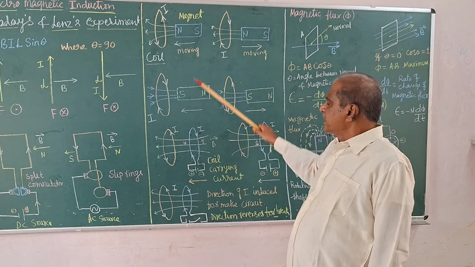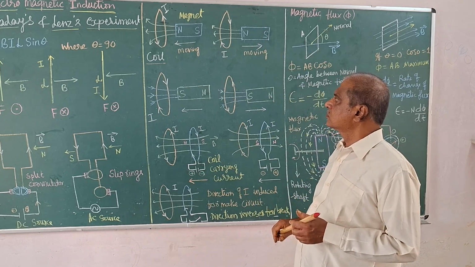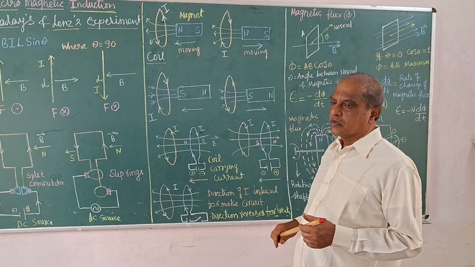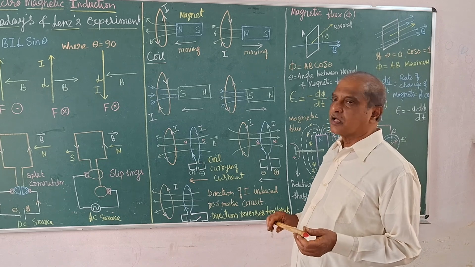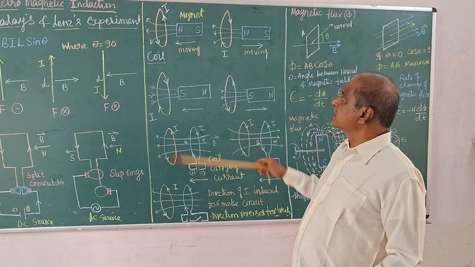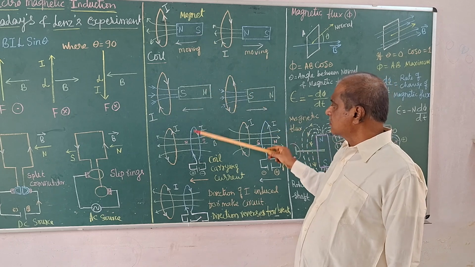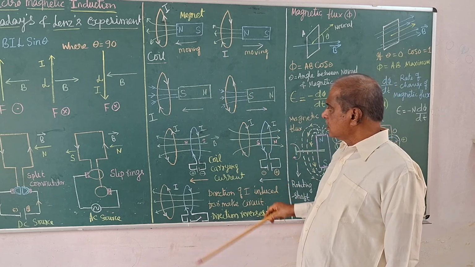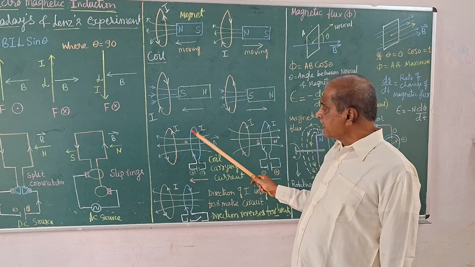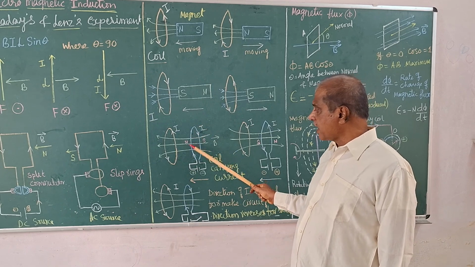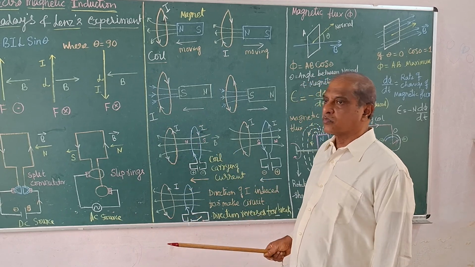All these experiments, the important observations. What is happening in all these experiments, whether this or this or this? You see that the magnetic field is very important. Magnetic lines of force are interacting with the conductor.